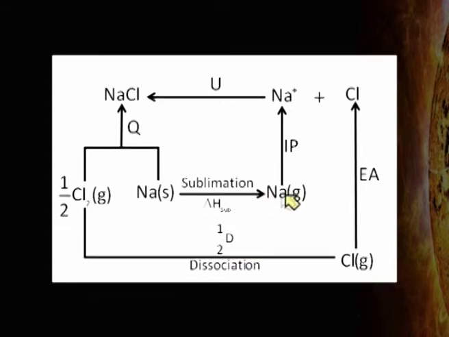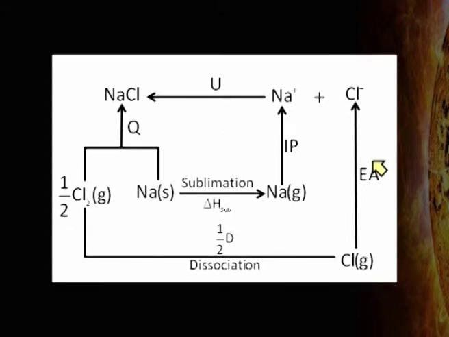Now, gaseous sodium has to be converted to Na plus gaseous. This can be done by using an energy equal to ionization energy or ionization potential of sodium. Gaseous chlorine can be converted to Cl minus ion. During this process, an energy equal to electron affinity of chlorine will be liberated.